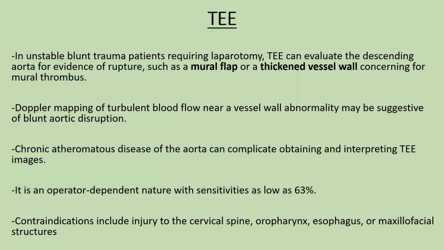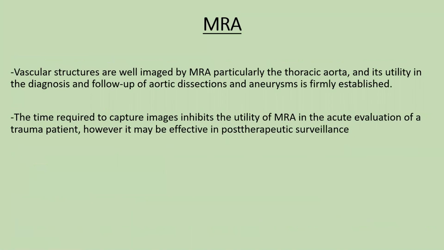Chronic atheromatous disease of the aorta can complicate obtaining and interpreting TEE images. It is operator-dependent, with sensitivity as low as 63%. Contraindications include cervical spine, pharyngeal, esophageal, or maxillofacial fractures.